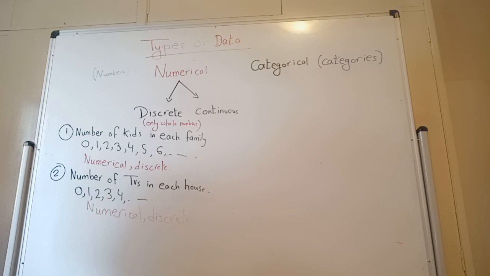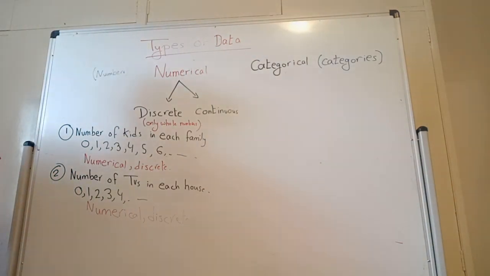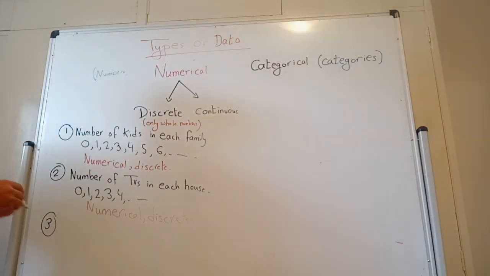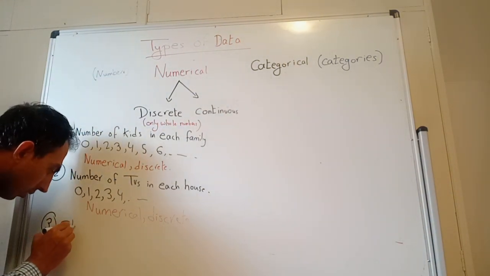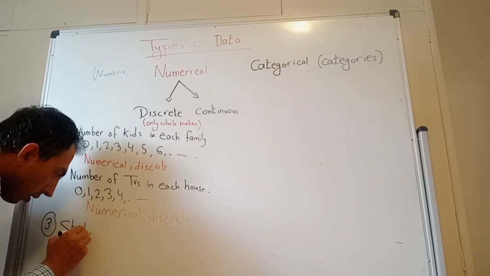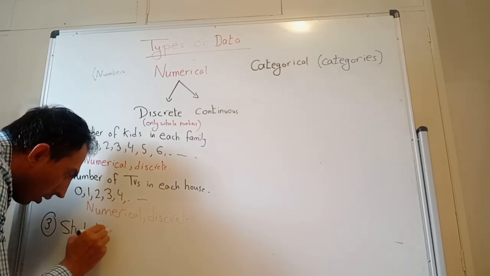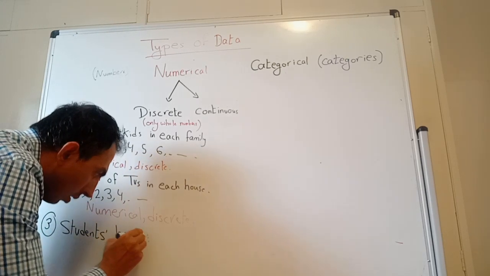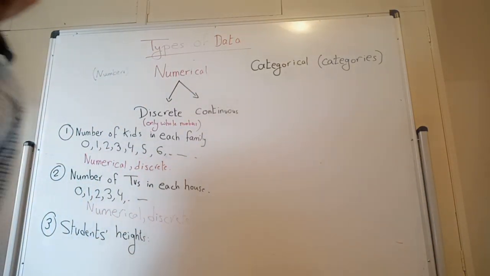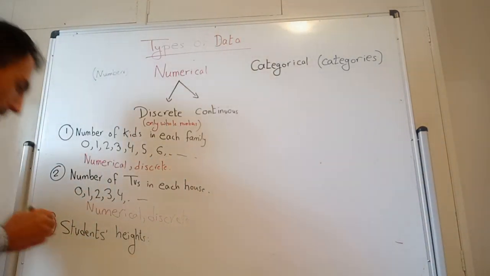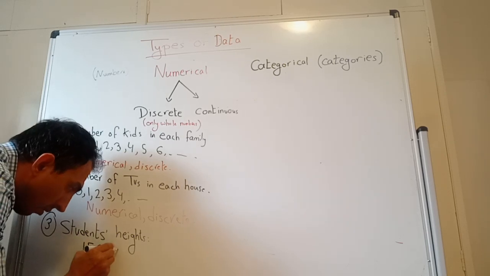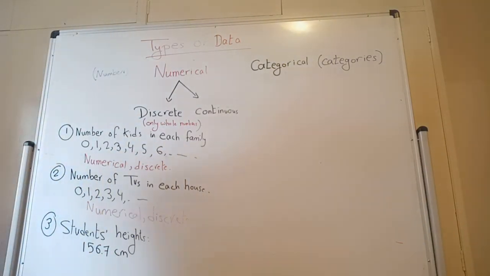Now, what if you have that type of data? Number 3. So, if you have students' heights, someone might have a height of 156.7. That is okay, no problem to have a decimal point like that.